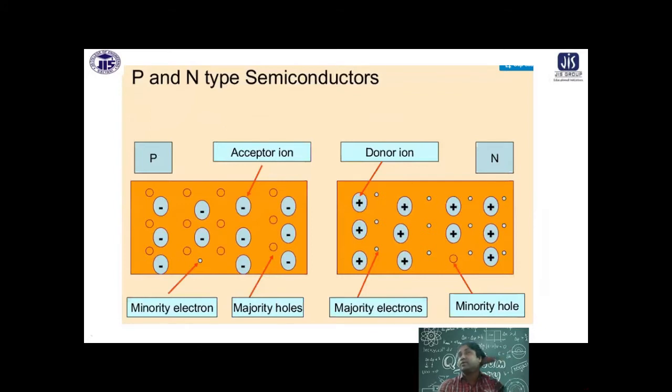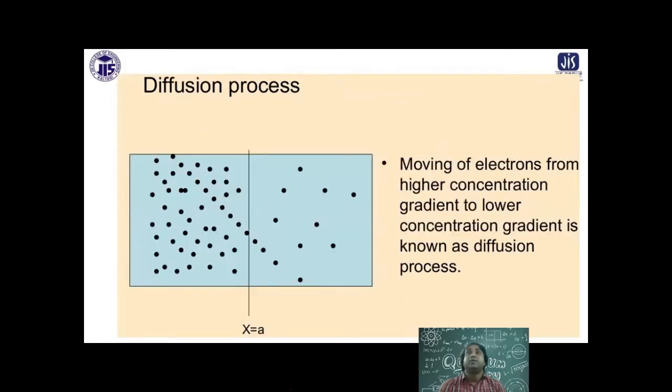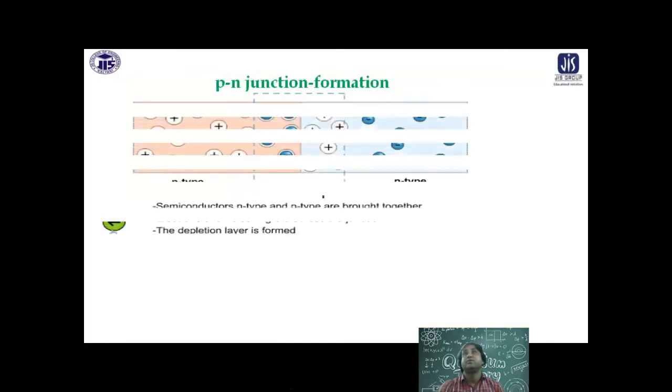And you can see in this picture, on the p side, holes are the majority and electrons are the minority, and vice versa. In n-type, electrons are the majority, holes are the minority. Drift velocity and diffusion: as you know, drift velocity is the velocity of the particle under an electric field, and diffusion is the flow due to the change in concentration.